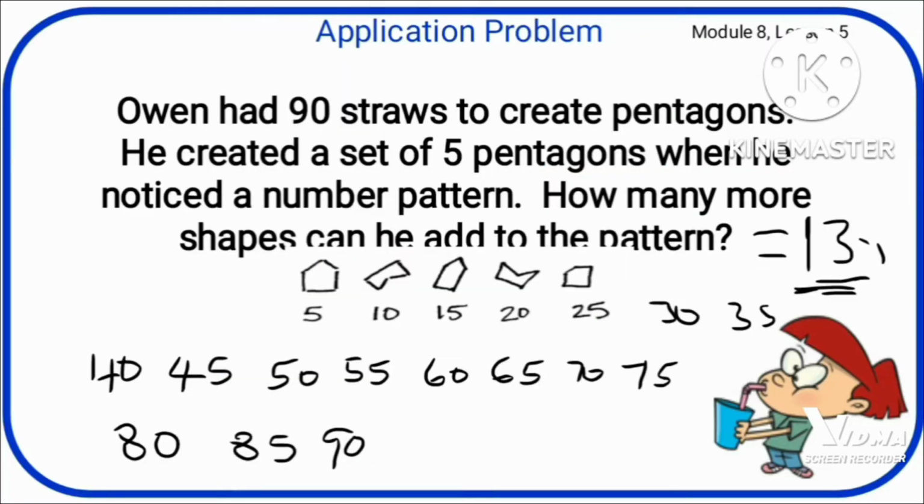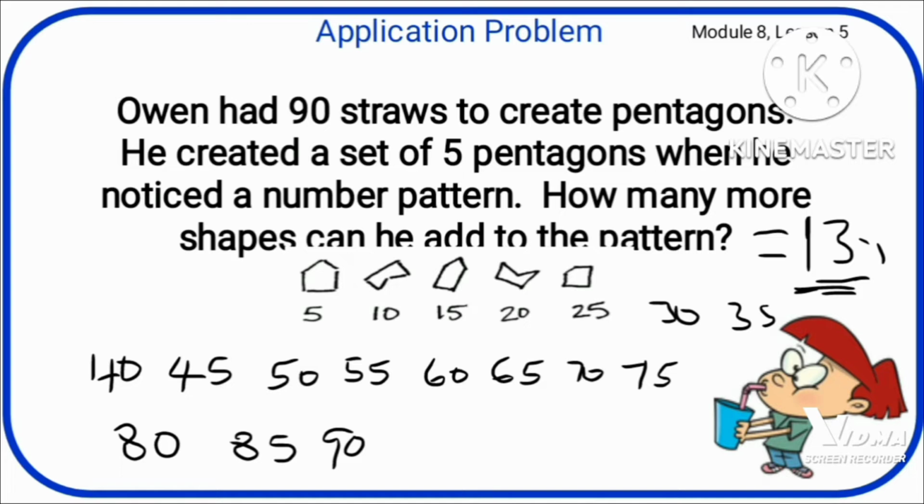Now here's an application problem. Owen had 90 straws to create pentagons. He created a set of 5 pentagons. So he's just making 5 pentagons. He will use 5 straws to create a shape, pentagon.